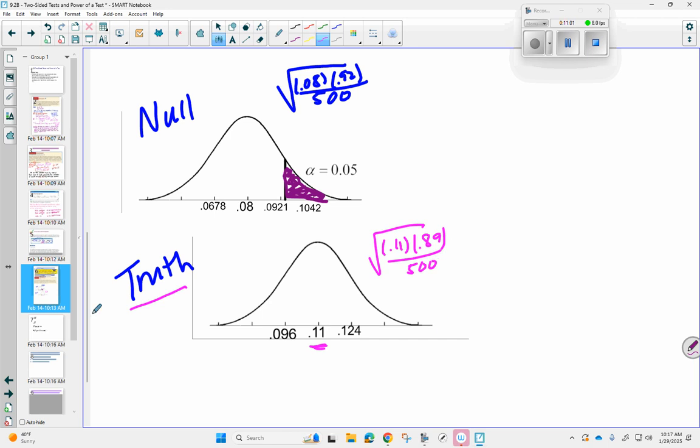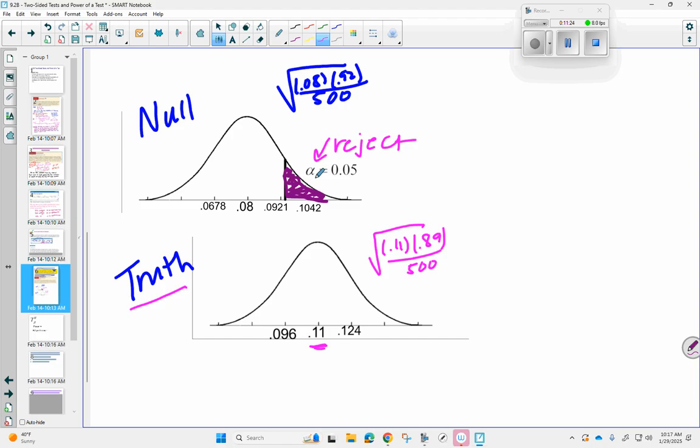So if I reject the null at the 5% level, we base all of our math on the null hypothesis being true. So if I have 11% blemishes, that falls in the reject region, but I'm going to get different random samples. Every sample is different. I might get one that's really low. I might get one that's really high.